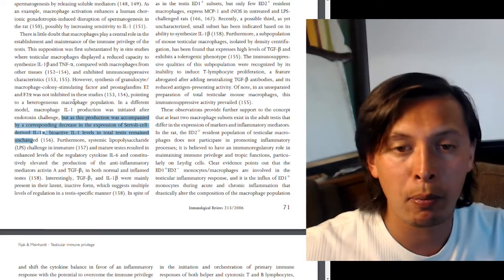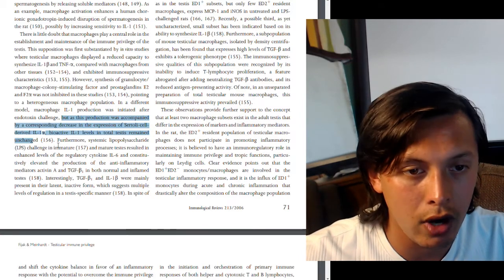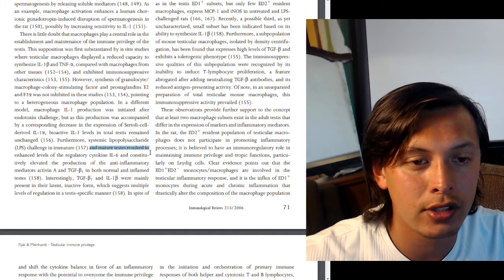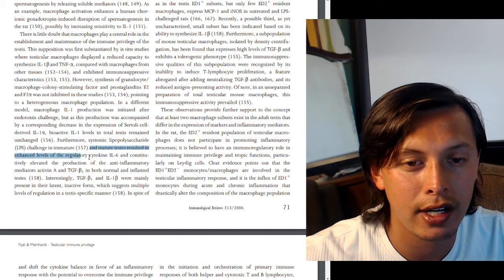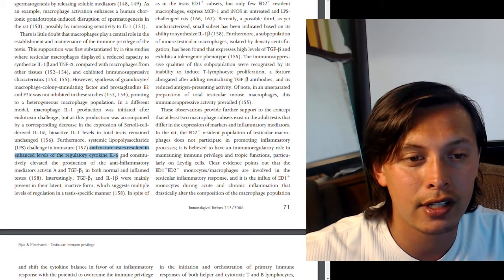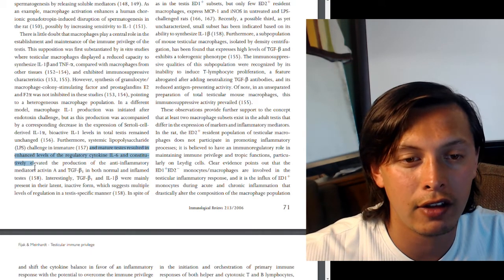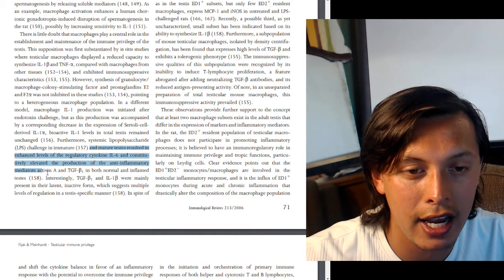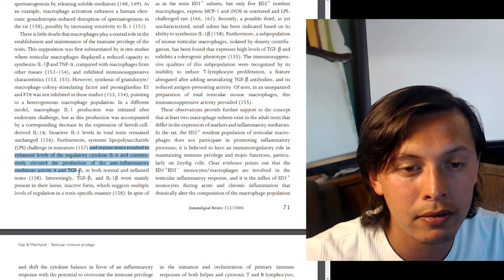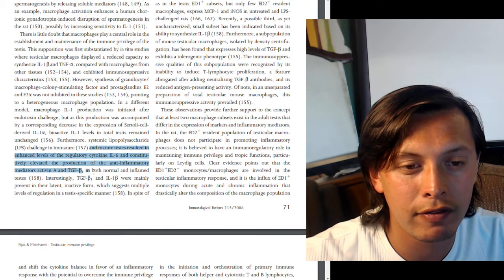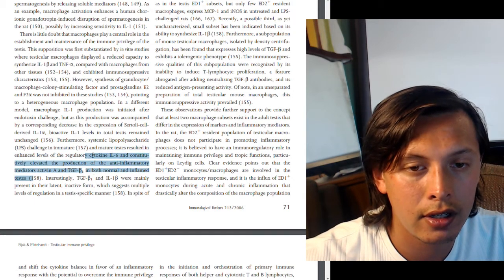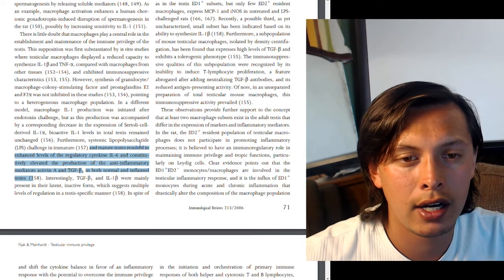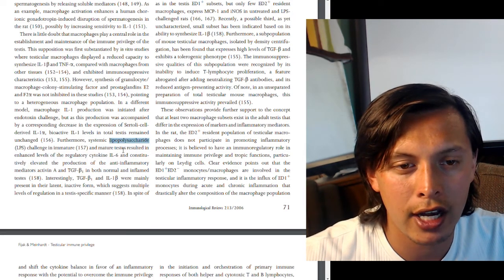Furthermore, systemic lipopolysaccharides challenge in immature and mature testes resulted in enhanced levels of regulatory cytokines, interleukin-6, and constitutively elevated the production of the anti-inflammatory mediators activin A and TGF-beta in both normal and inflamed testes. So, systemic lipopolysaccharide challenge.